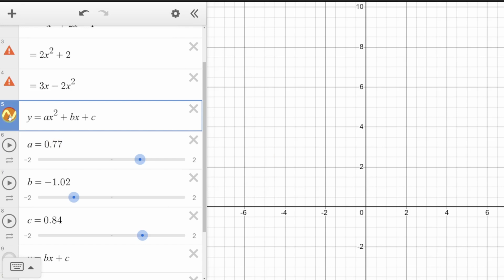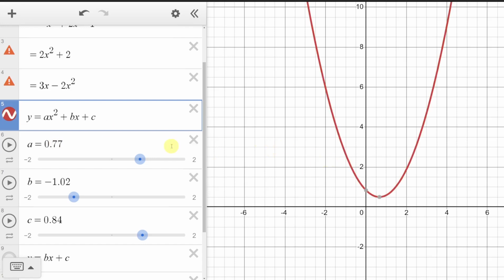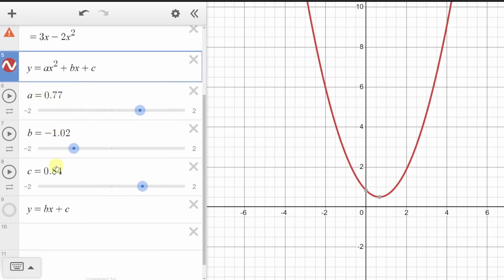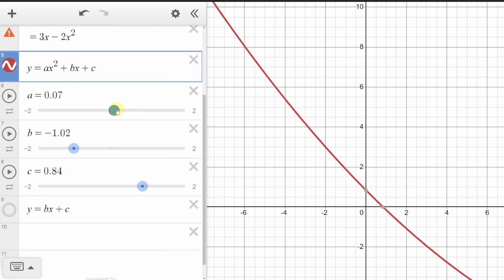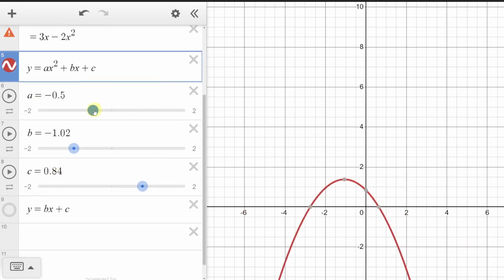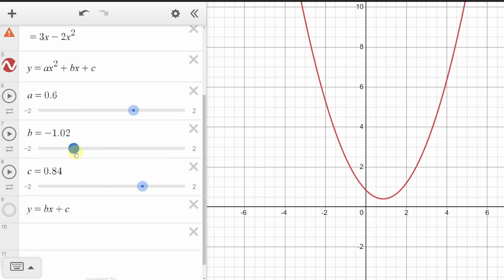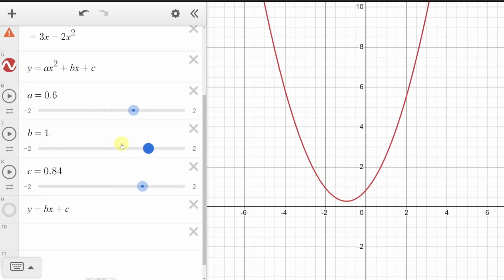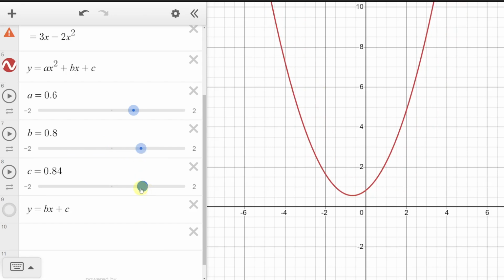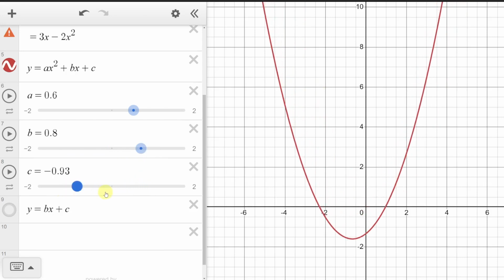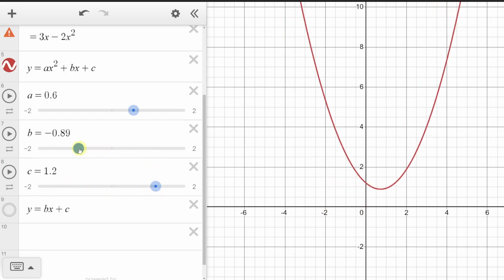So if we make all 3 coefficients variables, you can see that in this web app we can play with these coefficients. All 3 coefficients fully define the location and shape of the quadratic function.